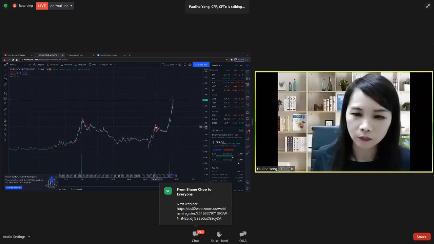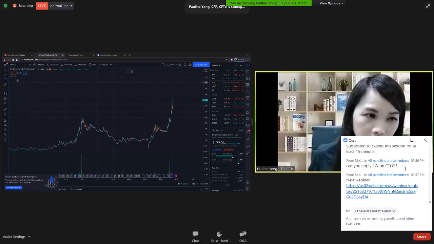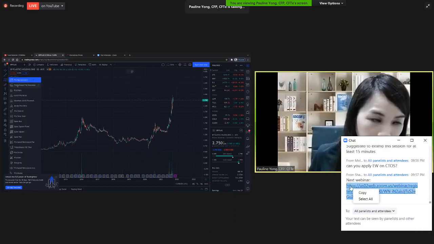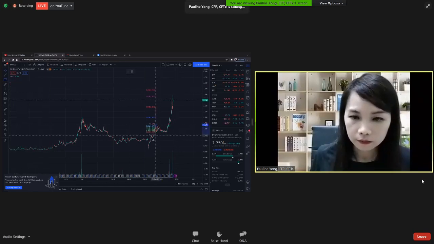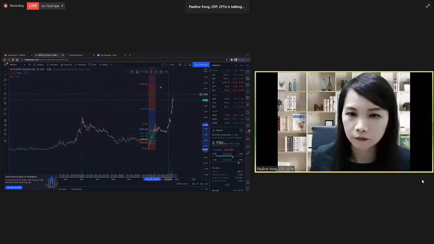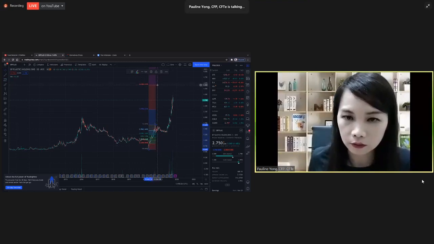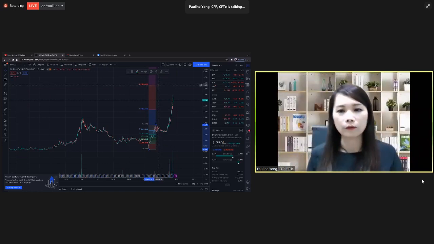If you were to look at this wave one, and then this is two, and then this wave number three, perhaps a better tool is the Fibonacci extension. From here to here, the price has already passed 1.618 and is now moving towards 2.618, which is around 3.4.